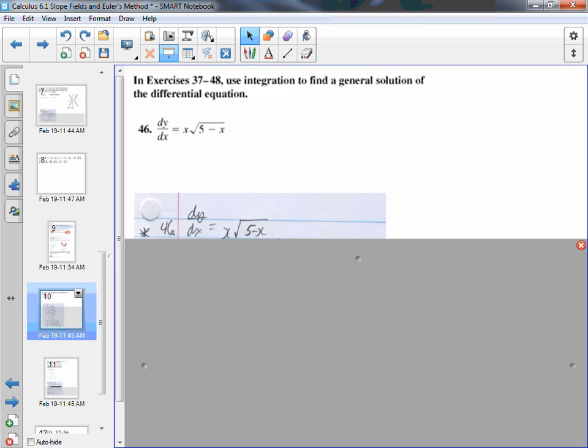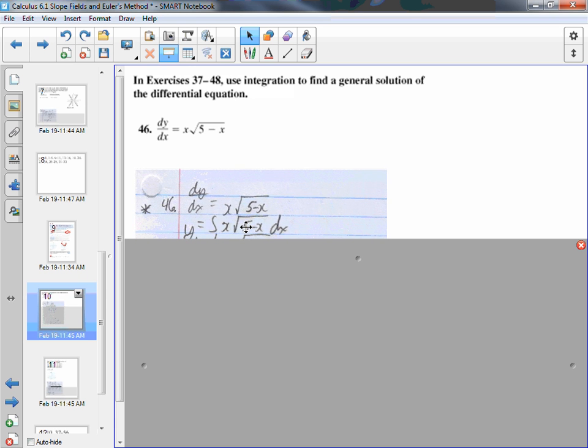Then let's multiply both sides by dx, and let's integrate both sides. The integral of 1 dy is, in fact, y. So y equals the integral of x times the square root of 5 minus x dx.